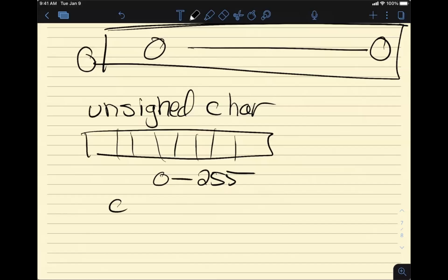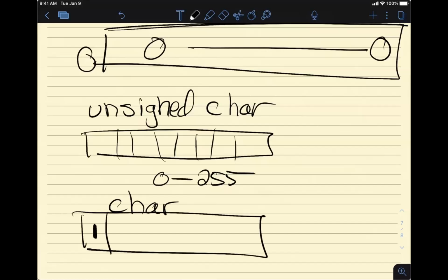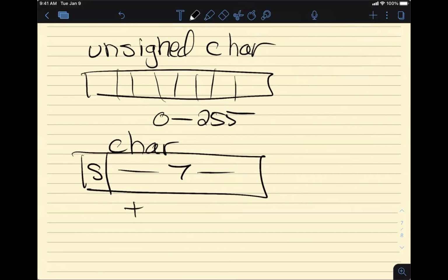But if it's a char, then you've got the sign bit taking up one of your bits. So now you've only got 7 bits left. So there's your plus and minus. This is approximate. I'm actually going to be off by 1. Your plus and minus 127. And that's roughly half of 255. Yeah. Okay. Exactly. That makes a lot of sense now.